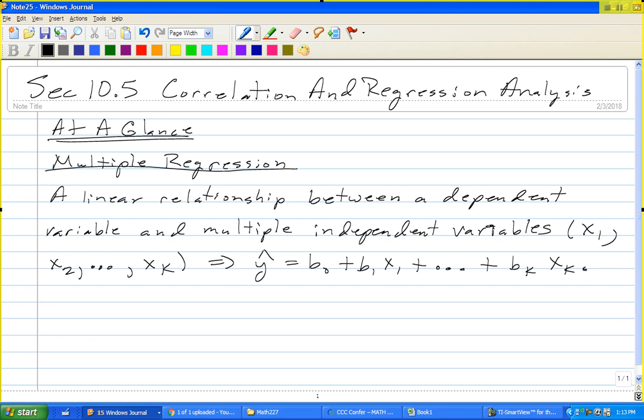So the adjusted coefficient of determination.